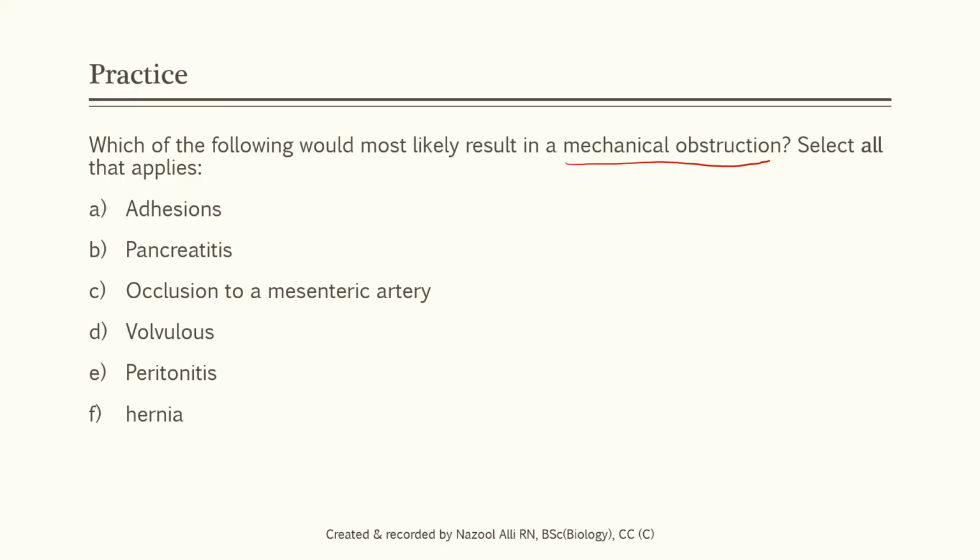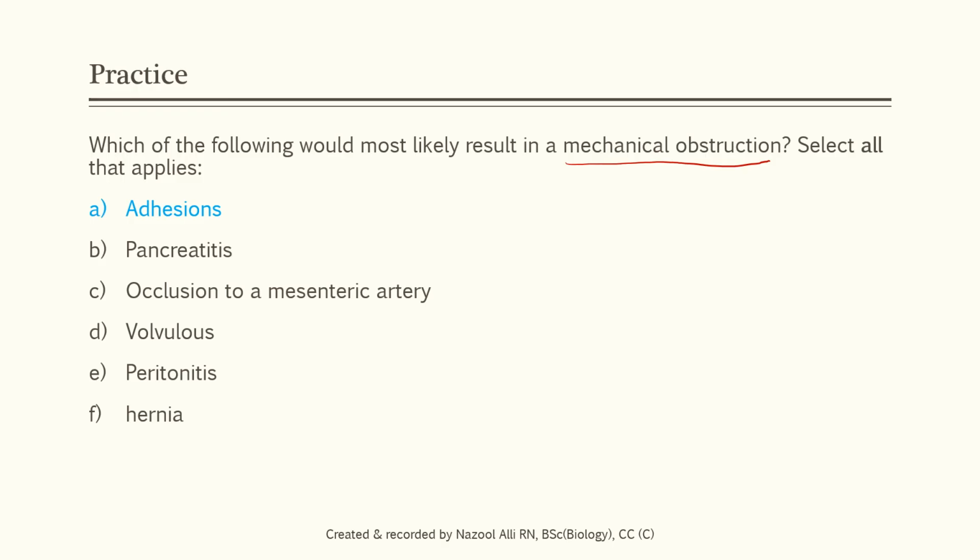So adhesions, yes, because they are a band of scar tissue that attaches 2 loops of bowel together, preventing the flow of content through the bowel. Pancreatitis, inflammation of the pancreas, wouldn't result in a mechanical obstruction, but rather a functional and/or non-mechanical obstruction.